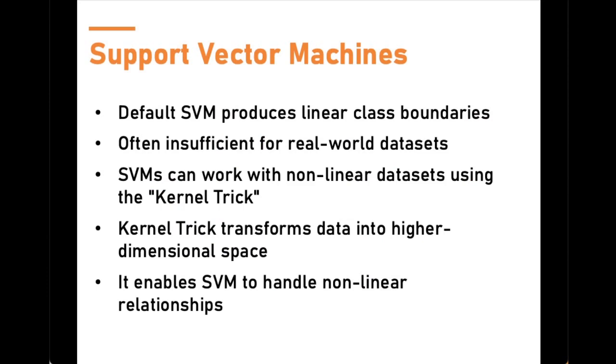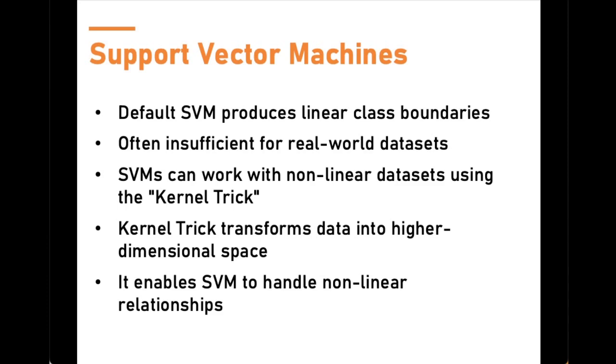SVMs can only produce linear boundaries between classes by default, which is not suitable for most machine learning applications, because most data sets in the real world cannot be separated by a hyperplane.